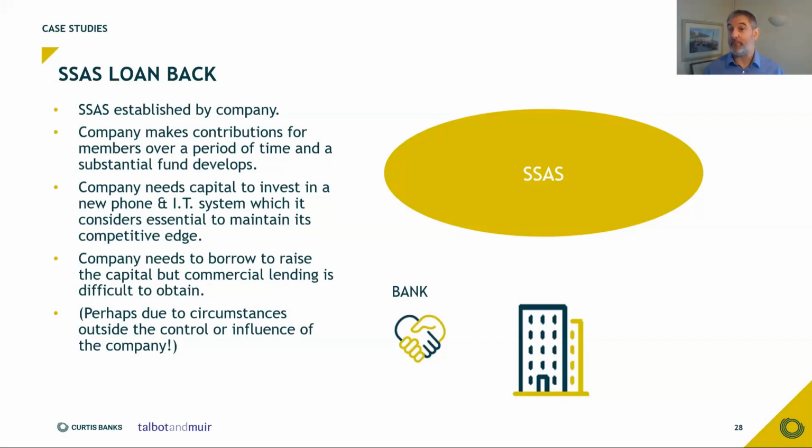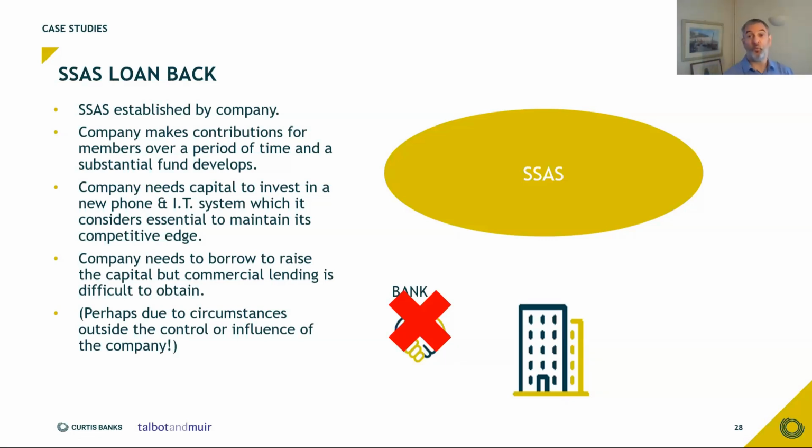But there's all sorts of reasons why that might not work. It might be simply that the business does not want to owe money to the bank. And it may be that the bank is simply not lending. Bank lending policies change fairly frequently. They may not be lending, or the lending rate could be prohibitively high.